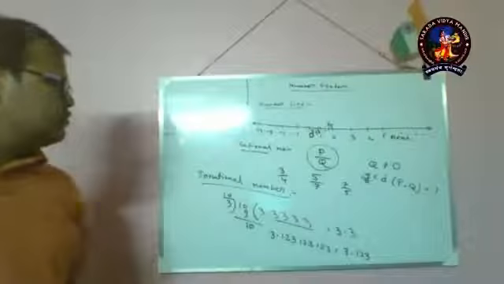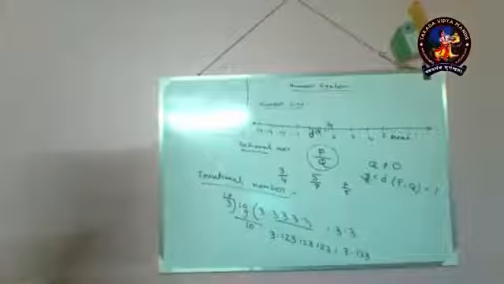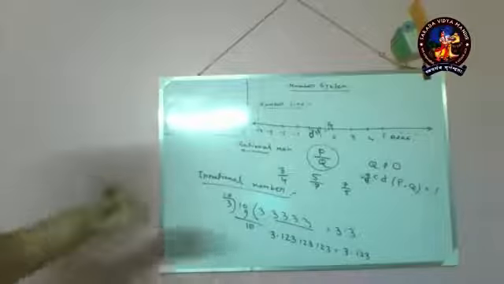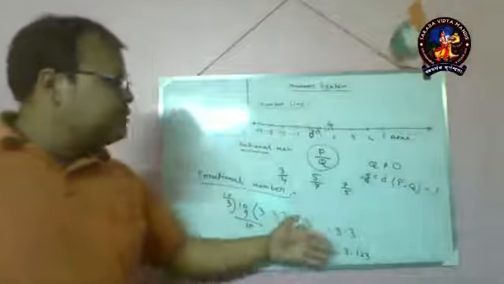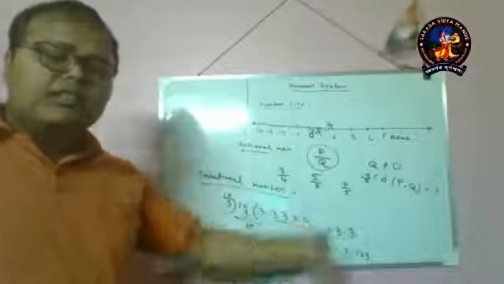So which one is not rational? The number which is non-terminating as well as non-recurring.